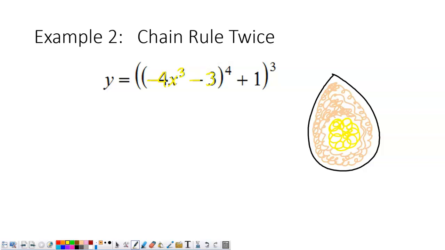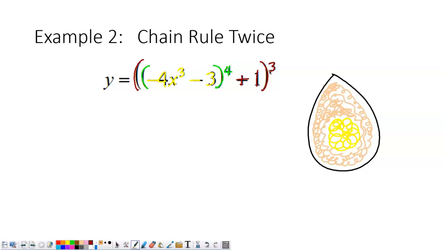Notice that that thing is inside the parentheses, buried deep down inside the problem. Next, we have the egg whites. The egg whites are around the yolk. And then after that, we have the shell of the egg, which wraps around the egg whites.